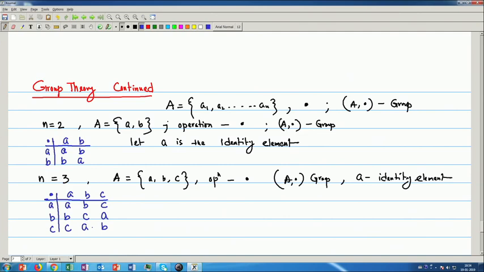So, it holds the properties we have read.